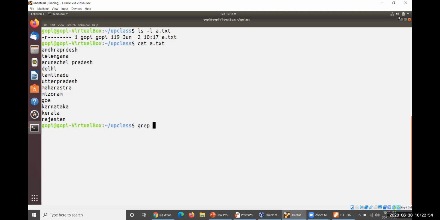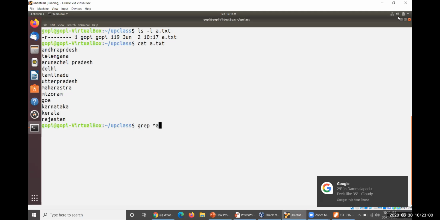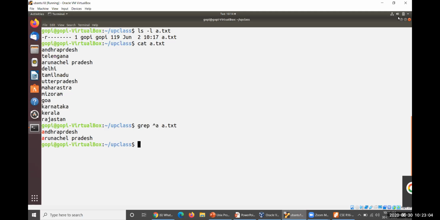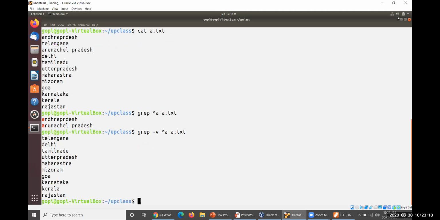So grep, starts with a, I mean caret a, followed by the file name a.txt. You may take this one here, Andhra Pradesh and Arunachal Pradesh. Now I want to display lines not containing this, and -v is always taken as not containing.